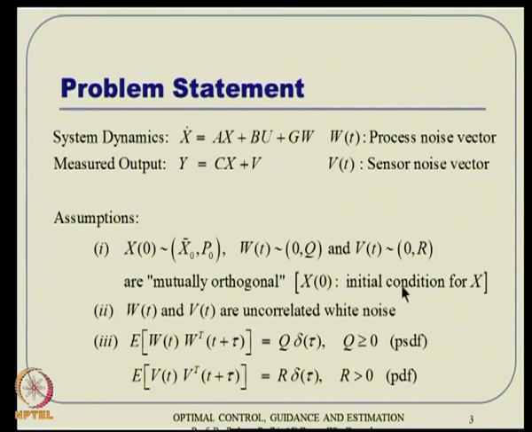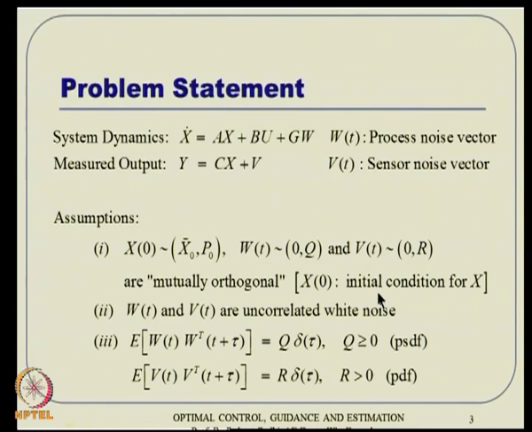To summarize again, you have got three randomly varying things: initial condition, w and v, characterized by their mean value and covariance matrix. All these three signals are assumed to be mutually orthogonal, and w of t, v of t are uncorrelated white noise. These two are very important assumptions which you will use in the derivation process actually.